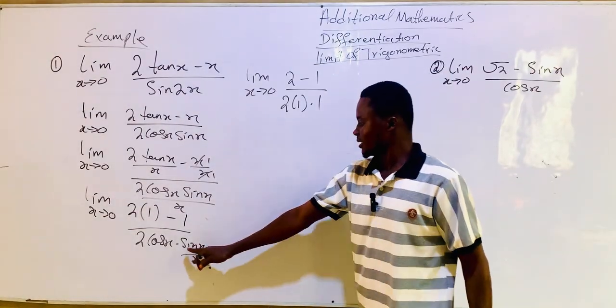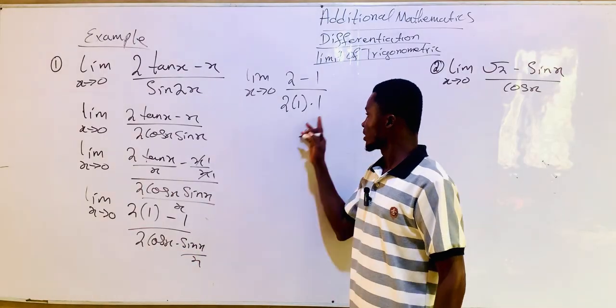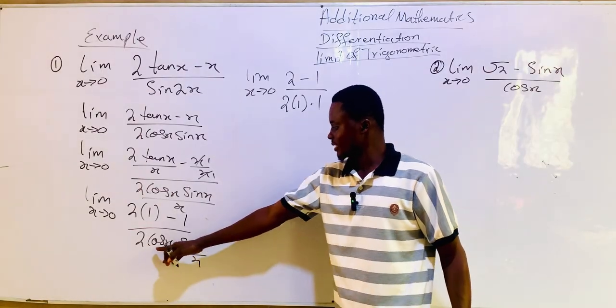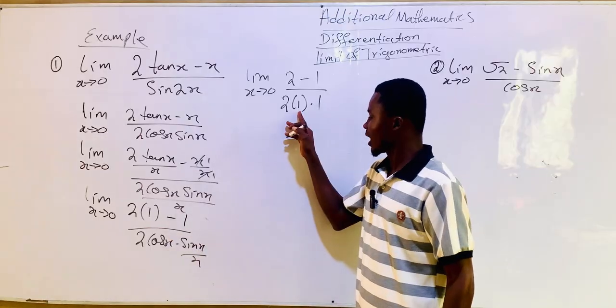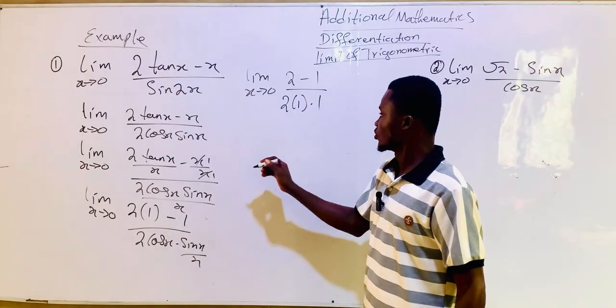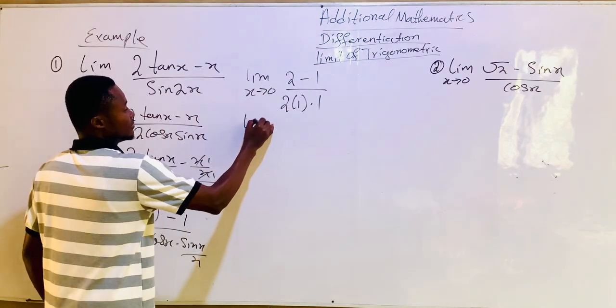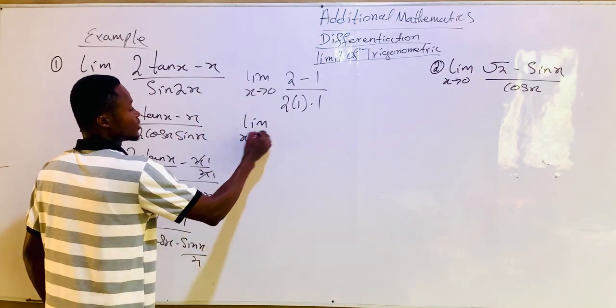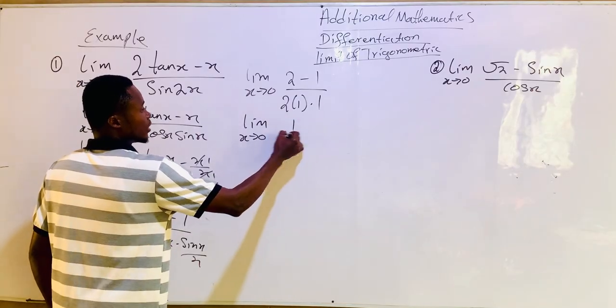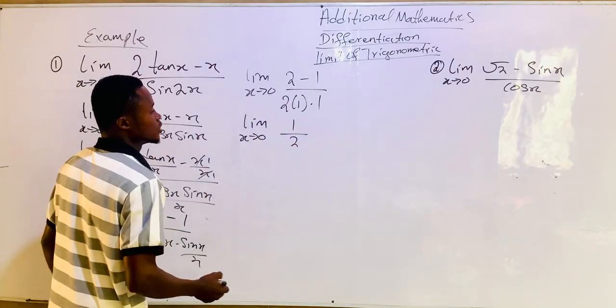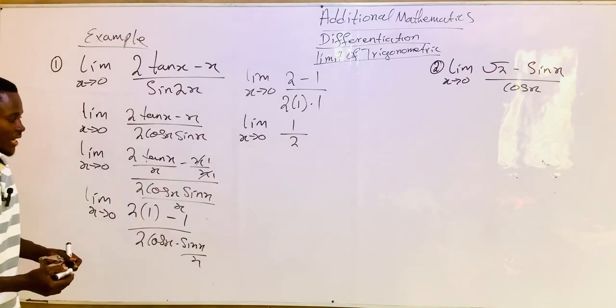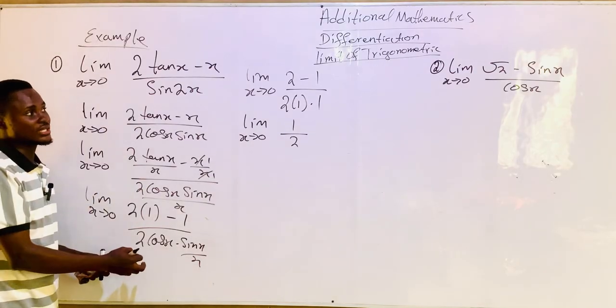Then we subtract in the numerator, so we are getting 1 all over 2. So this is our final answer for the first example.